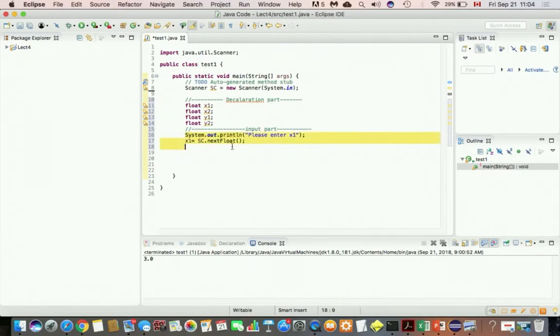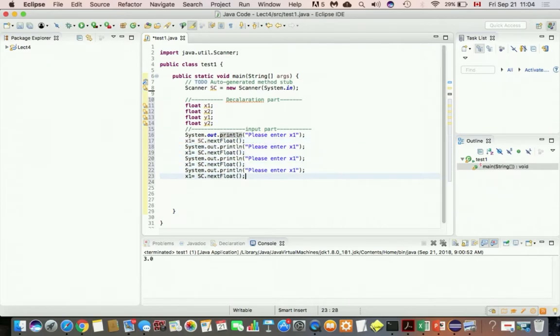And I will just copy and paste this one 4 times, right? And just change this one to, for example, x2. And here this one changed to y1, and this is y2. And I should change this one as well to enter x2. Then here enter y1. Here enter y2. And I have an error here.